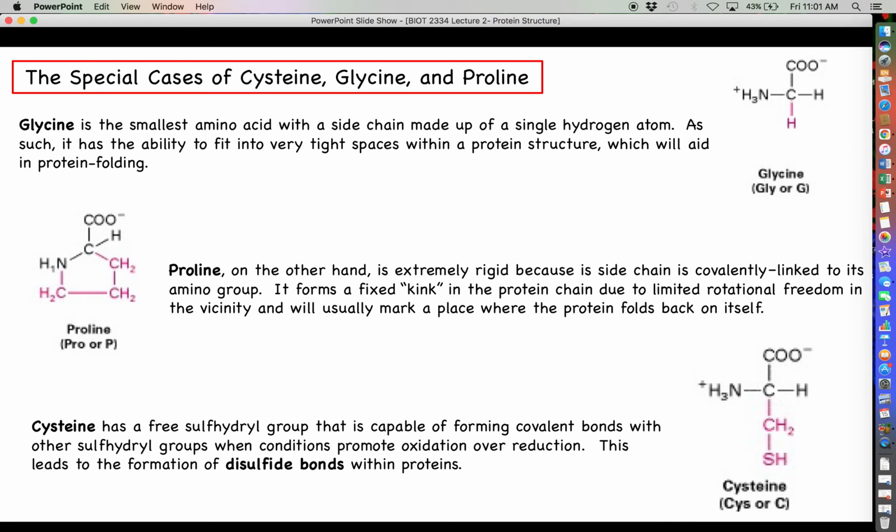So when conditions in the cell promote oxidation over reduction, so promoting the gaining of electrons over the loss of electrons, this is going to lead, in a lot of cases, to the formation of what we call disulfide bonds within proteins, having a cysteine of one part of the polypeptide chain forming a covalent bond with a cysteine somewhere else within the protein.